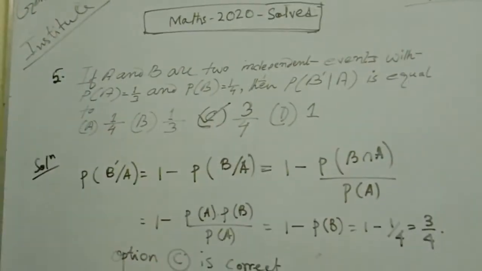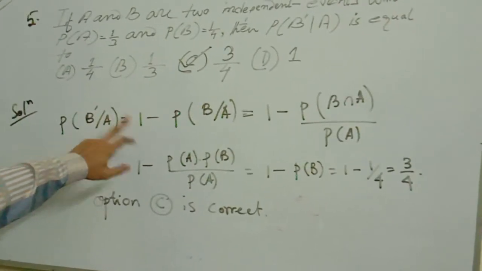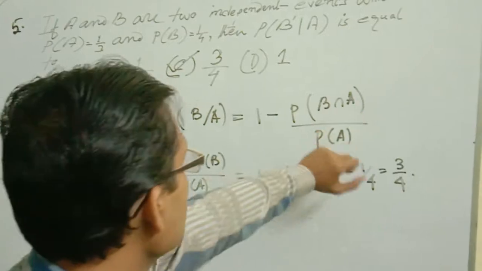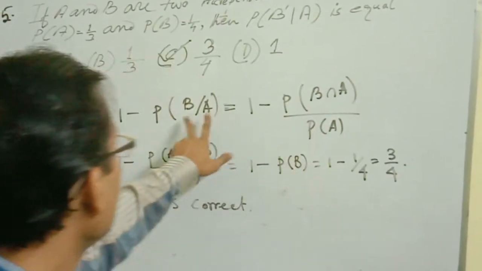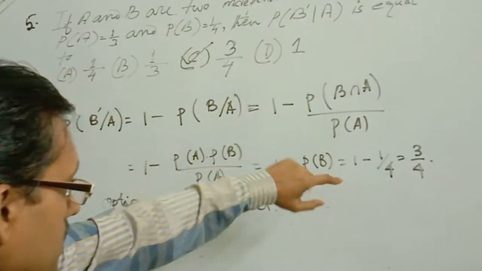Why? Come to the solution. The probability of B dash given A equals 1 minus, using the concept of conditional probability.